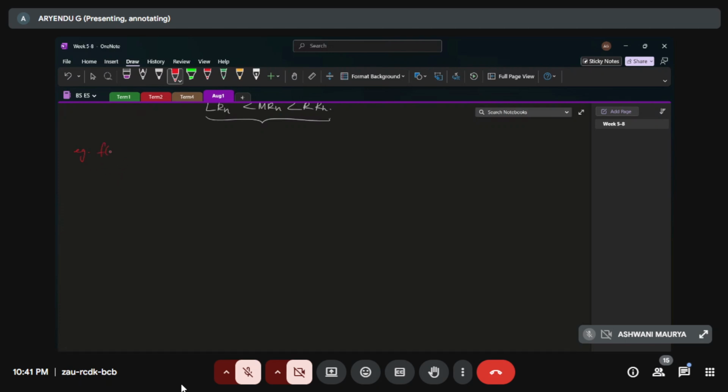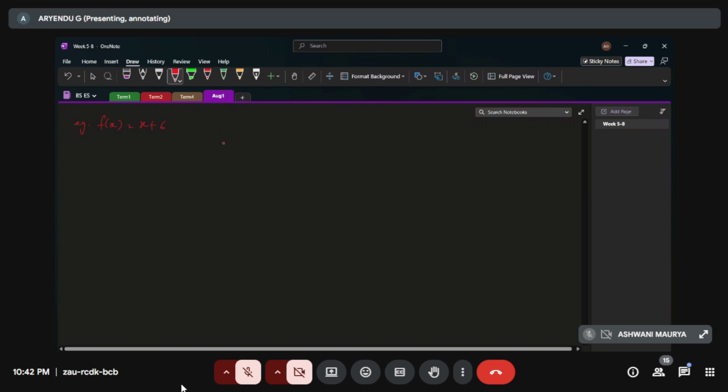f of x is equal to x plus 6. If we take something as simple as that, we have to find the left Riemann sum, right Riemann sum, and the mid Riemann sum. For calculating the Riemann sum, you will be told the interval, and you will also be told how many parts it has been divided into.